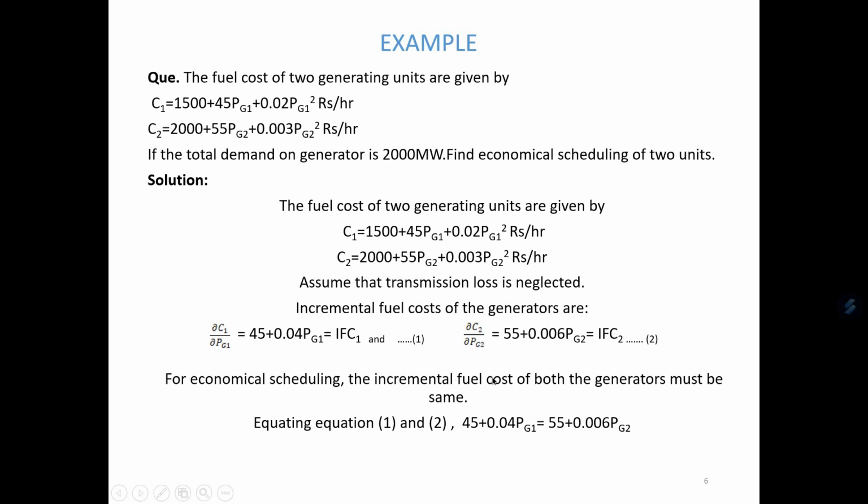So for economical scheduling, as per the derivation, the incremental fuel cost of both generators must be the same.